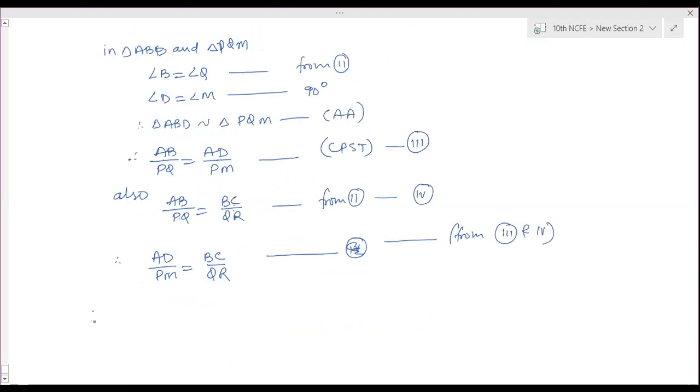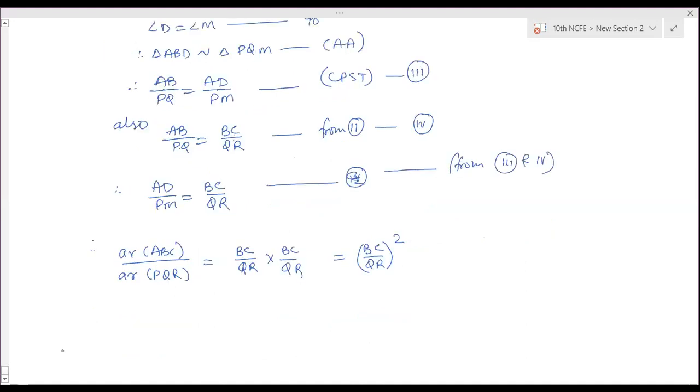And therefore area ABC by area PQR is equal to BC by QR into BC by QR. That is equal to BC by QR whole square. And as we know, all those corresponding side ratios are equal as these two triangles are similar.